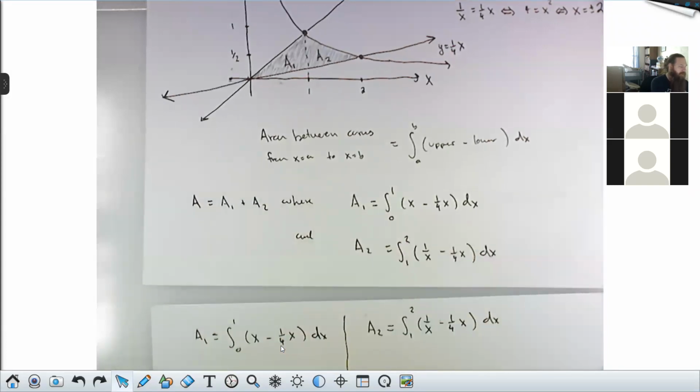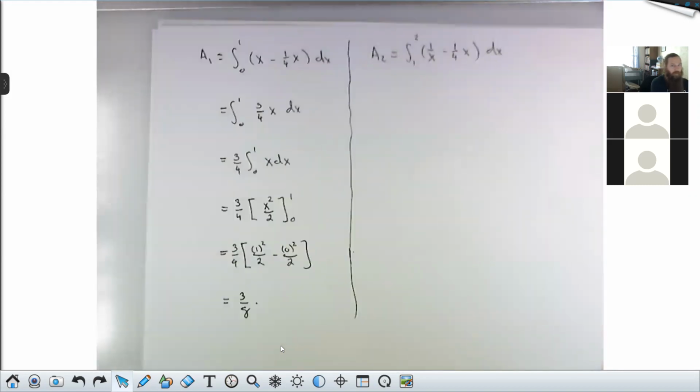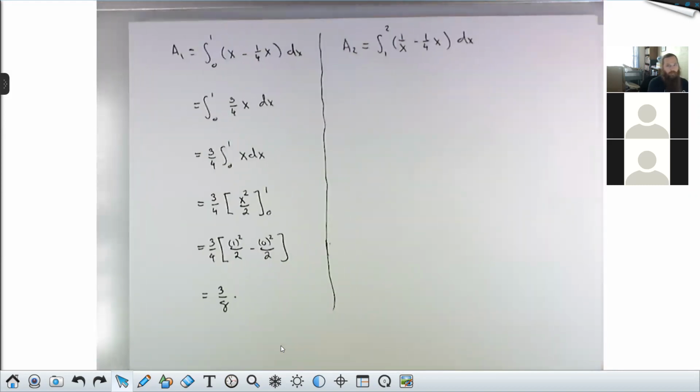Can I combine these? Are those like terms that can be combined or no? No. Yeah, definitely not, right? This is like x to the -1, and this is x to the +1. So even though they're both fractions involving x, I can't combine these.